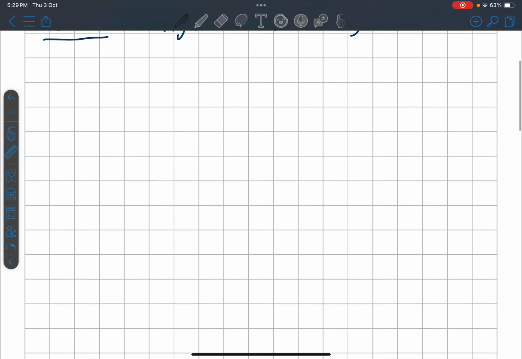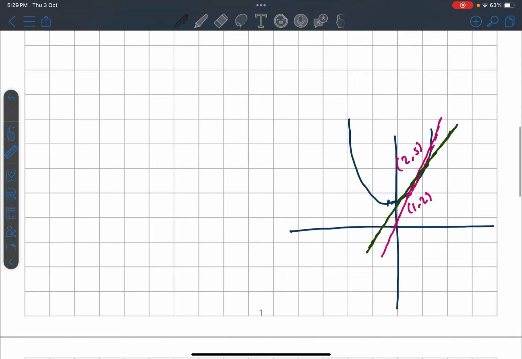Okay, so I draw this diagram, or you can say graph. So you have here the graph, and we have the points (1, 2) and (2, 5).